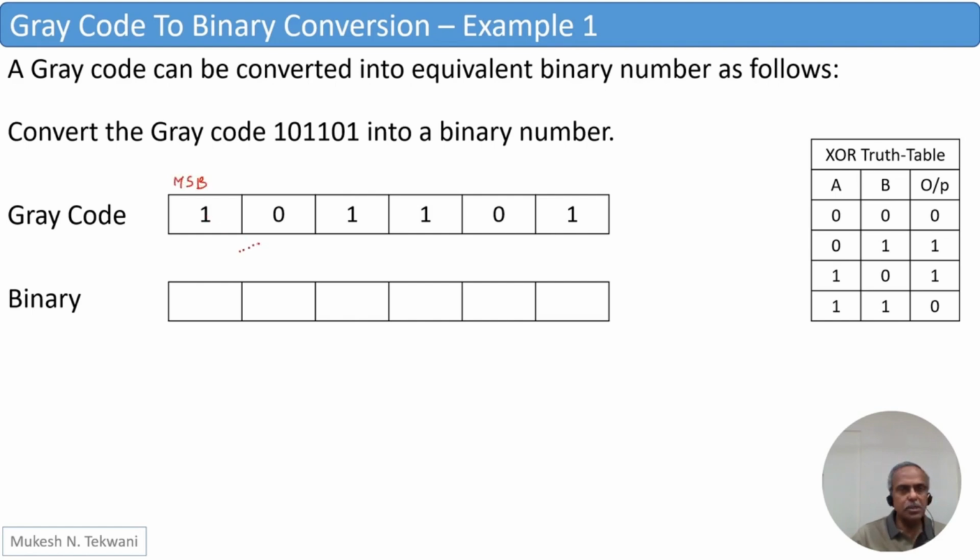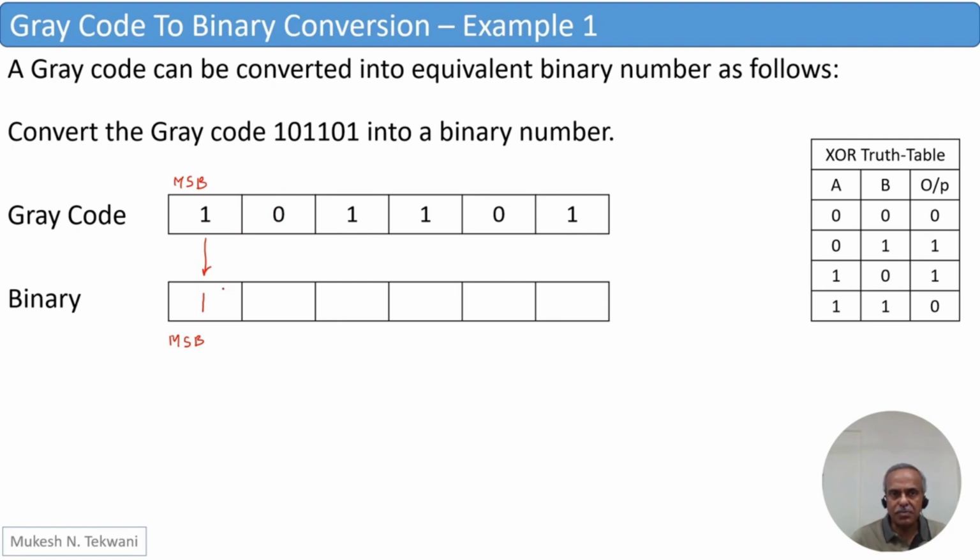We will copy this bit into the most significant bit of the binary value. So this is the MSB of the equivalent binary number, and this bit will be simply copied down. Now from here onwards, how do we calculate these bit values? So we will take each value that we have obtained here.